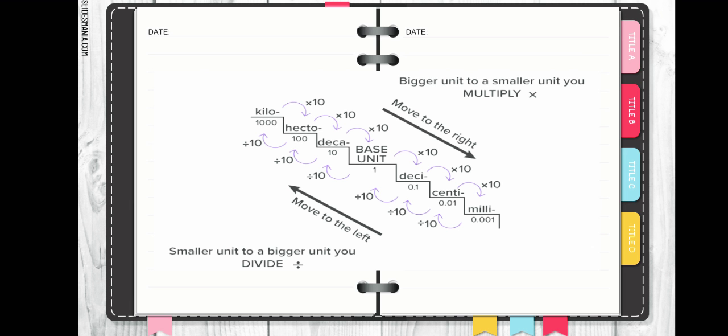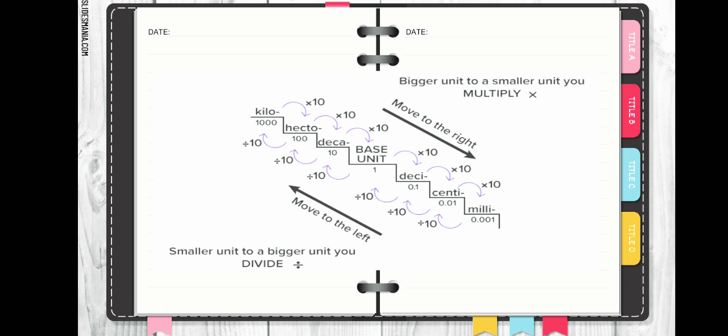So if the movement is to the right, or from bigger unit to smaller unit, you need to multiply, while if the movement is to the left, or from smaller unit to bigger unit, you need to divide. So for me, it is the easy way. You just remember the movement, and then you can decide if you will multiply or divide.